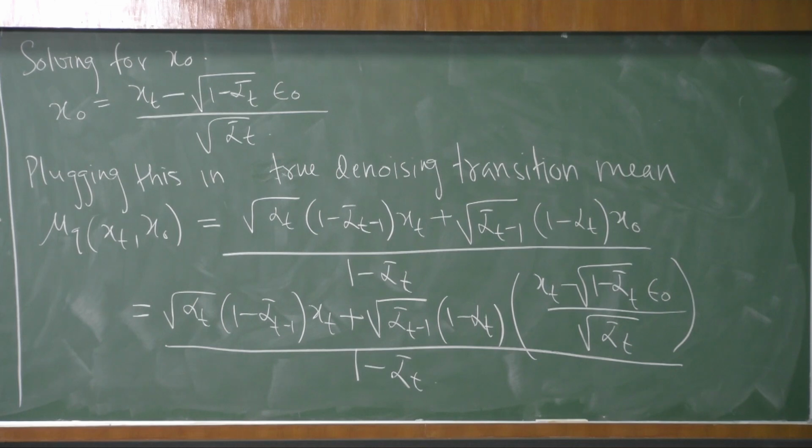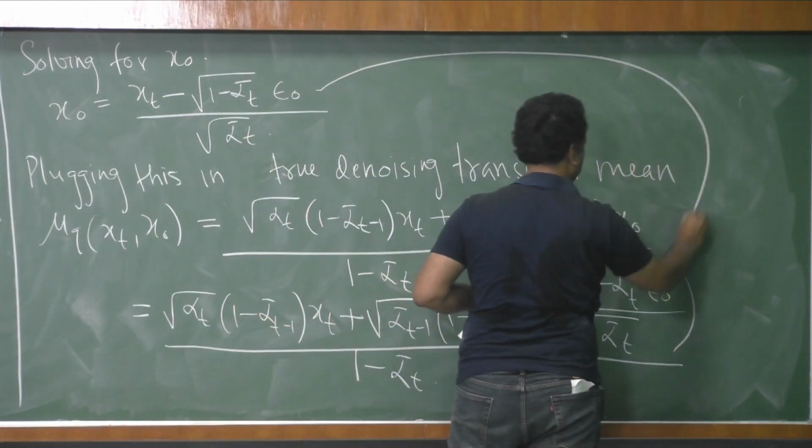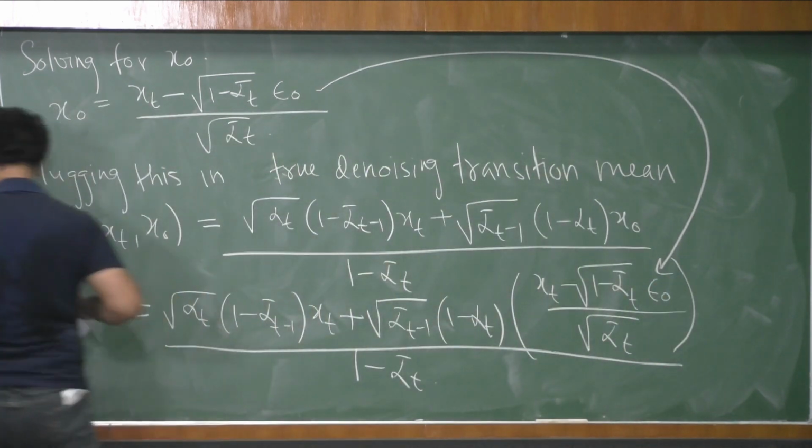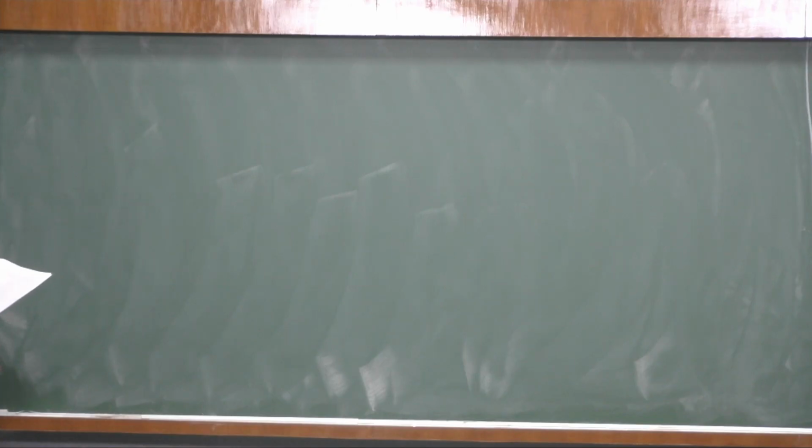So we have just substituted x naught from here, okay. So this x naught is now substituted here. All right, so let us see what it leads to. After substituting this, we have simplifications of this. So let us see what that is.